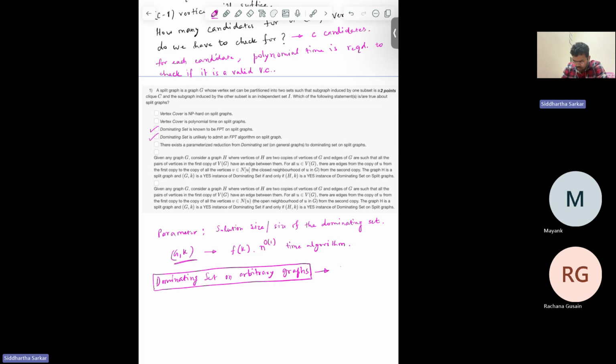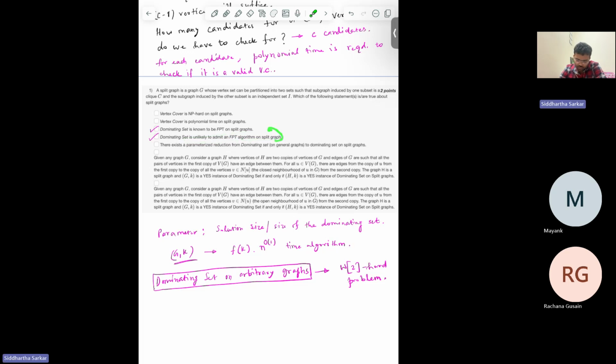So this is also known to be a W2-hard problem. Okay, so if somehow we can manage to show a parameterized reduction from this problem to this problem of dominating set on split graphs, then we will prove this fourth statement, that it is unlikely to admit an FPT algorithm on split graphs.